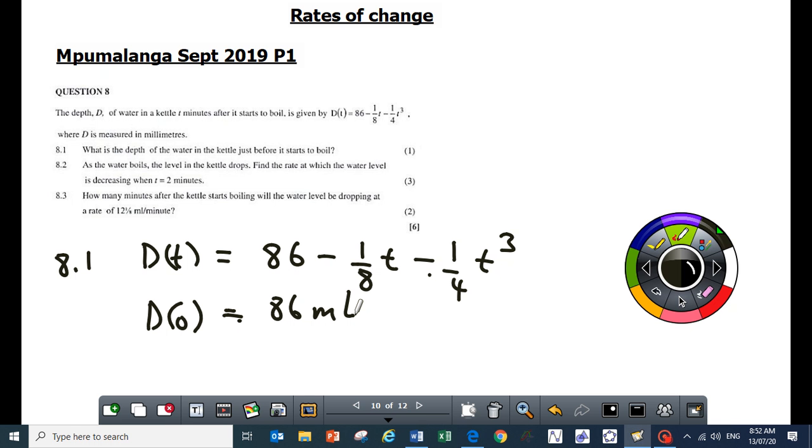If the gradient is positive, then the function is increasing. So for you to be able to determine whether a function is increasing or decreasing, you need to determine the first derivative. So we're going to find the first derivative, then we substitute into that equation of the first derivative, t equal to 2. And then you get your answer. Okay, so let's move on to the next page.